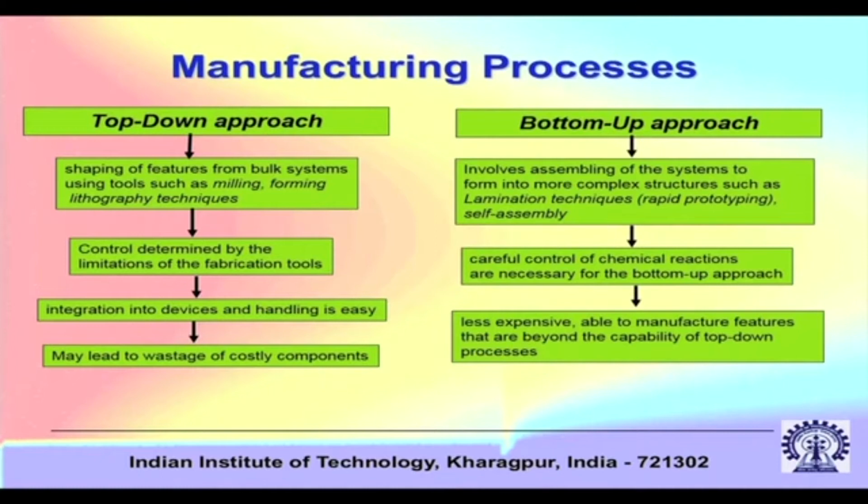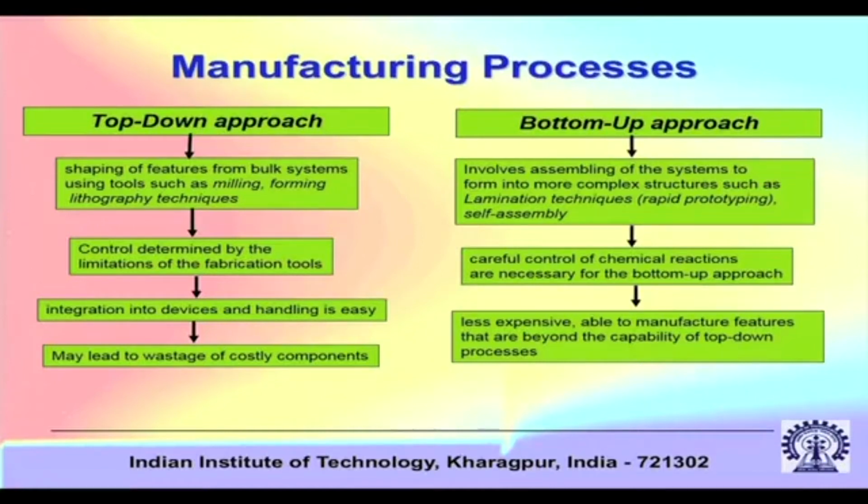When we are talking about a manufacturing process, we are essentially interested in two types of possibilities. One is called the top down approach and the other is called the bottom up approach. Top down approach means shaping of features from bulk systems using tools such as milling, forming, lithography techniques and so on.